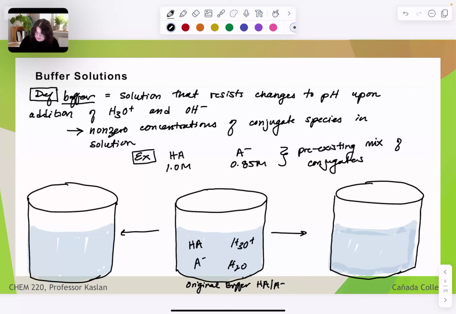And then I've also got A minus that pre-exists in the solution as well. So what would happen if we were to add H3O plus versus if we were to add OH minus?